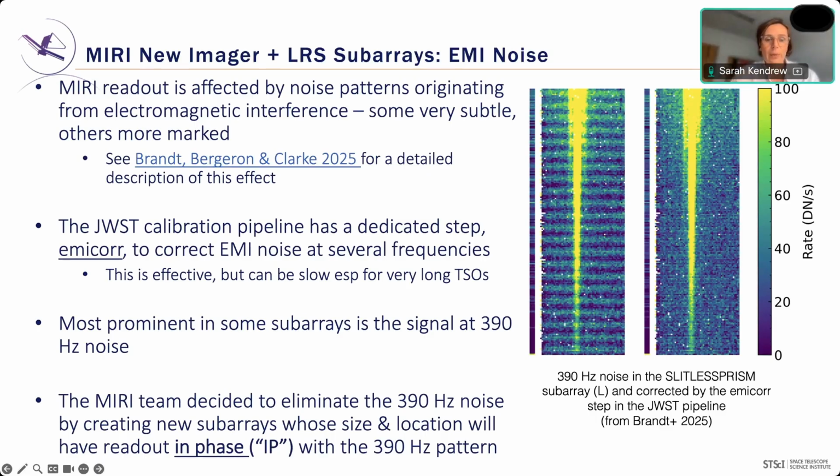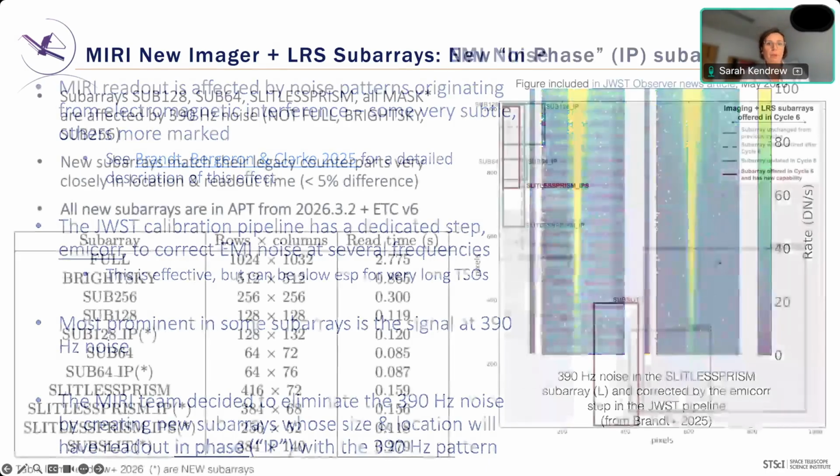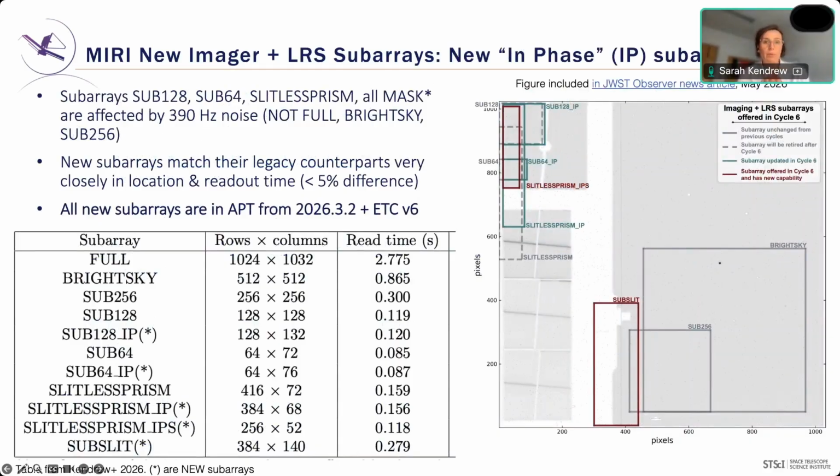That's something we have been working on for a while to implement and are basically ready to offer for cycle 6. Again, this is also described in more detail in the SPIE paper by Kendra et al. that I linked at the start.